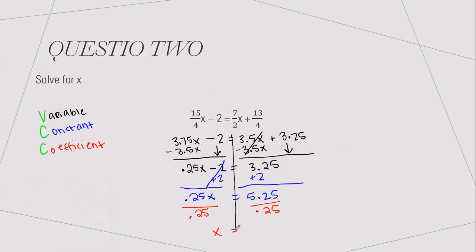So 5.25 divided by 0.25 gives me x equals 21. And then I know I'm not just going to say, oh, that's my answer. I know I'm going to check. I'm not checking Desmos right now, but you are going to check Desmos whenever you're doing your tests and stuff.